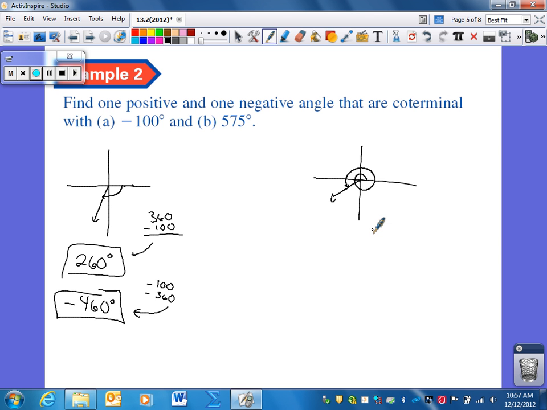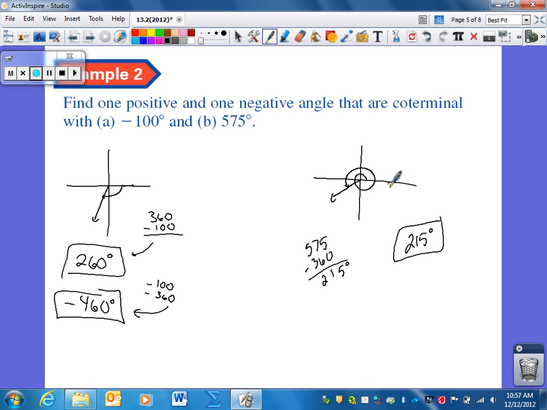So if I back up 360 degrees, what would my angle be? If I take off one full rotation there, 215 degrees. Could be one of my coterminals. So that's my positive one. Now I need a negative one.